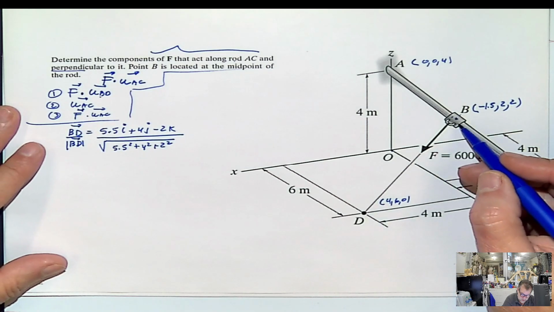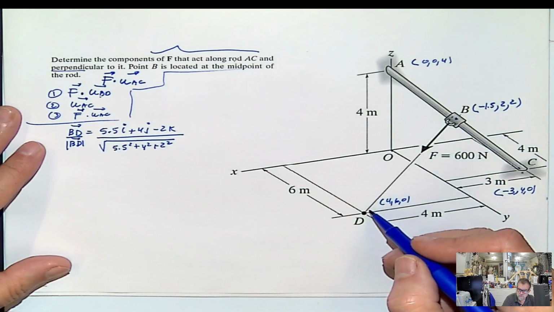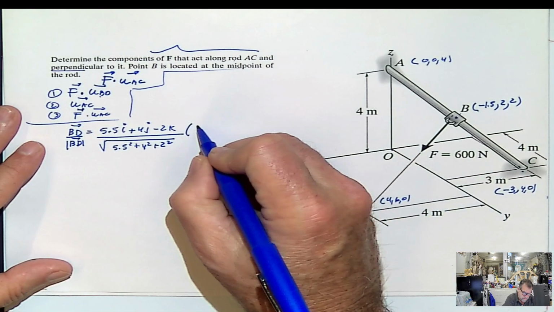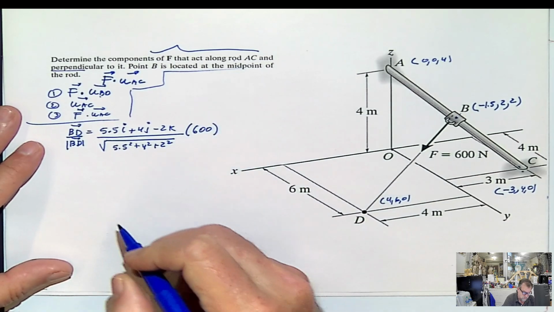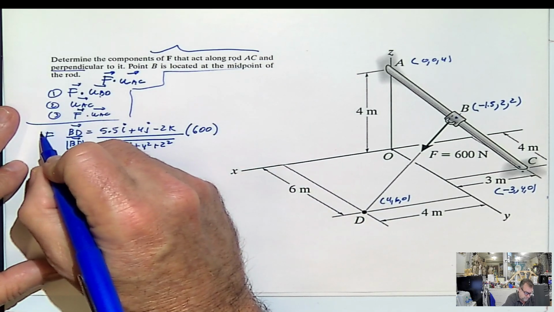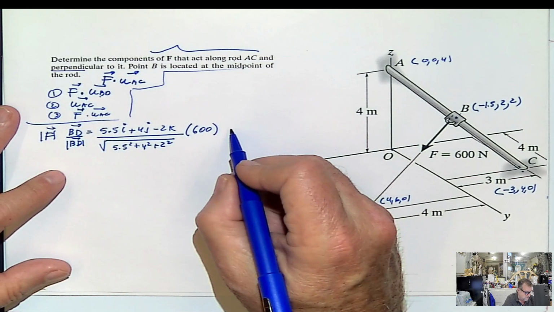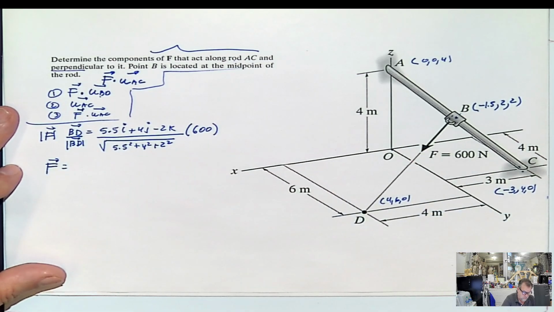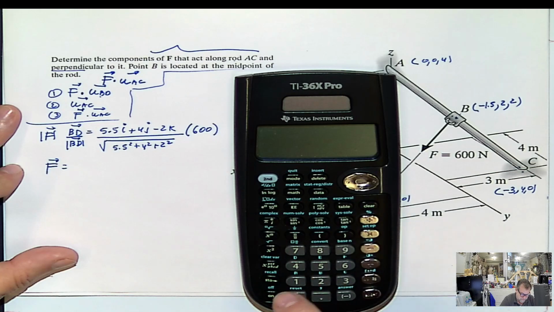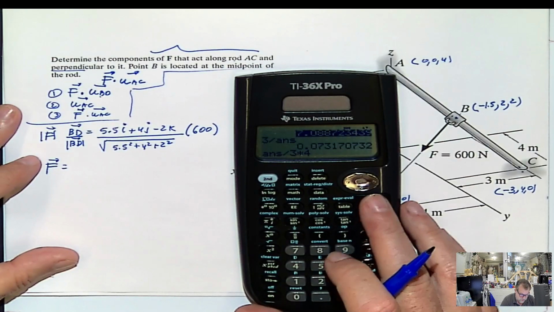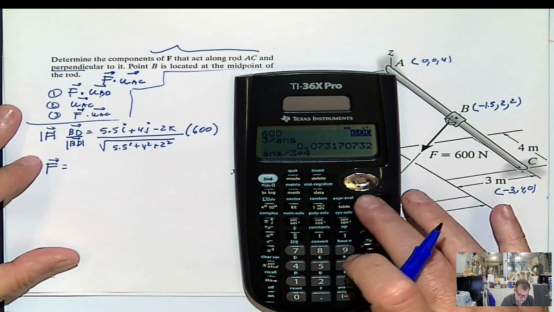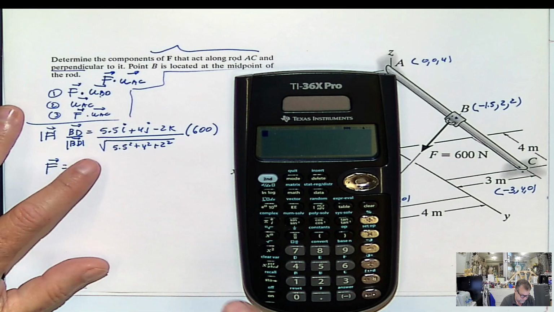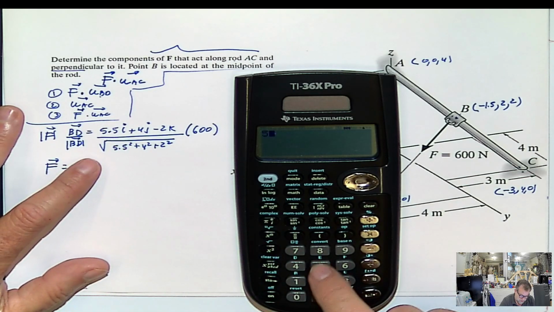But the unit vector in the direction of BD is the same unit vector of the force, meaning if I multiply this by the magnitude of the force, then I will have the force in Cartesian. Force in Cartesian will be... let me do the denominator first.